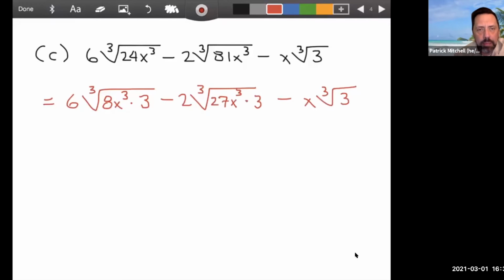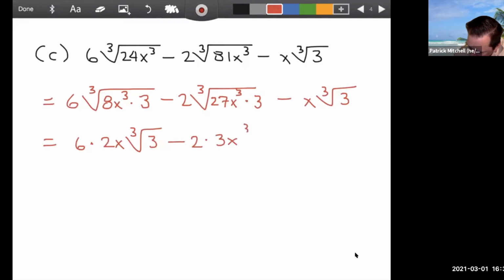All right, so let's break out those perfect cube factors. The cube root of 8x to the third is 2x. The cube root of 3 is stuck inside. The cube root of 27x to the third is 3x. Cube root of 3 stuck inside. And then we have x, cube root of 3.